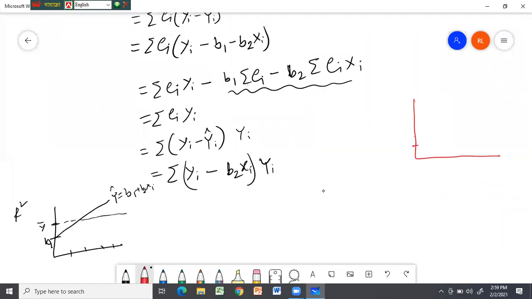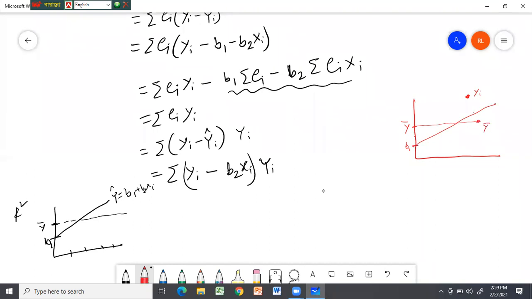So this one is your b1. And here is your y bar. Okay, so I showed you that if your actual y value is here, this is your y bar value, okay?